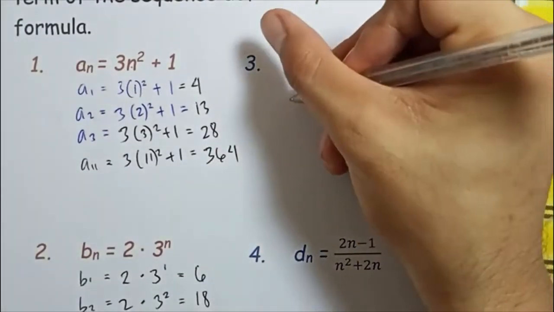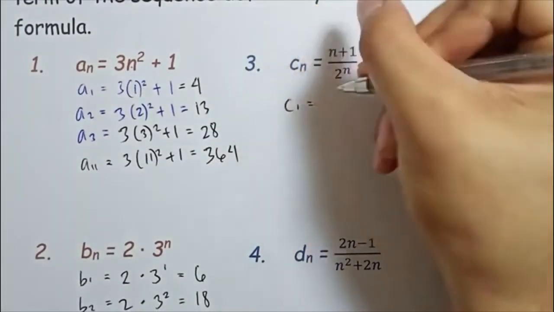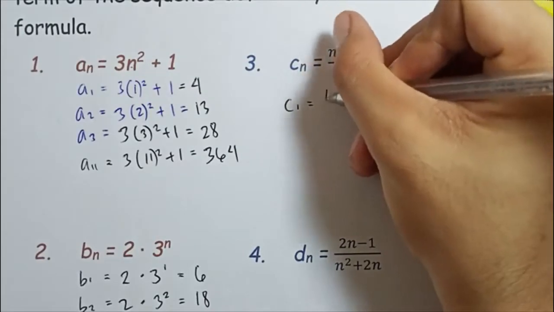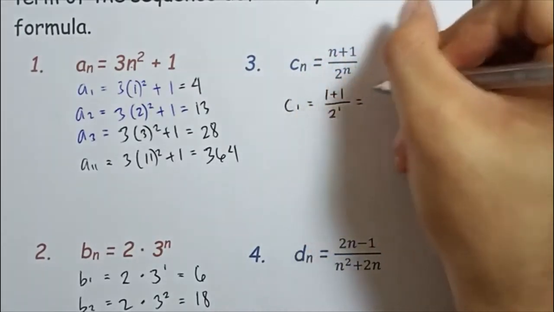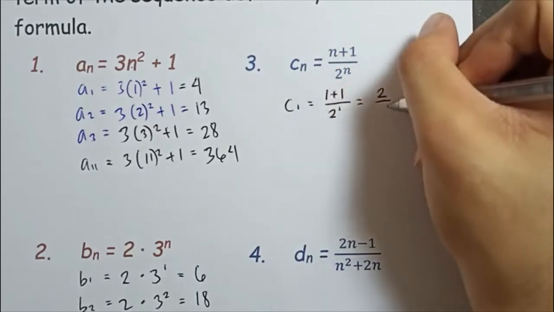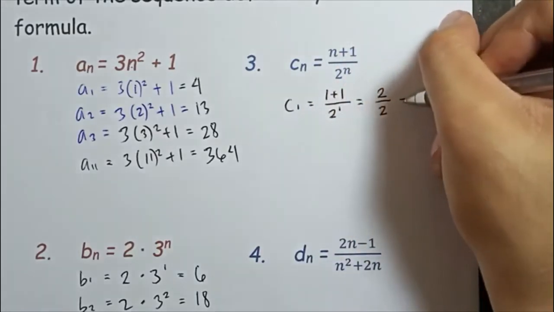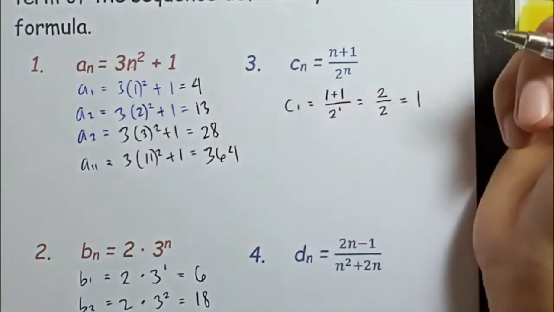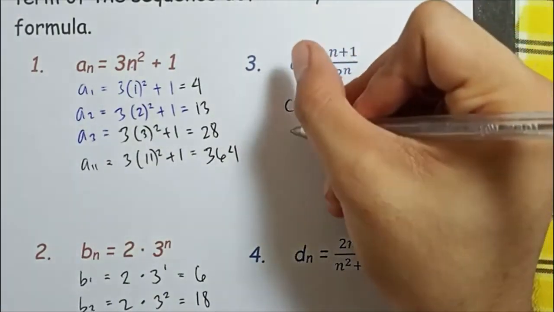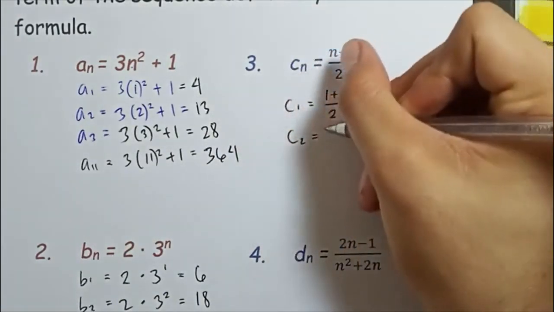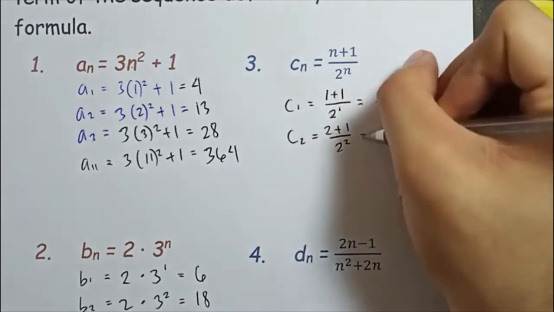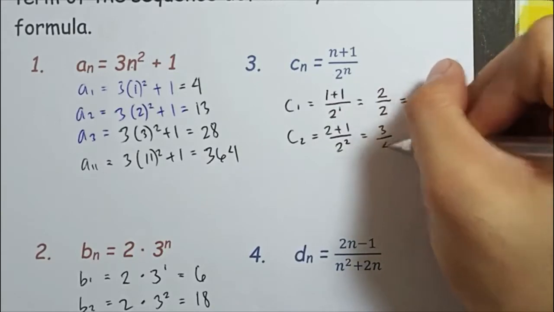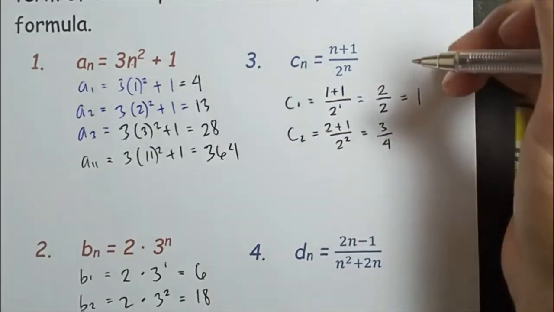Dito naman, fraction, c sub n. So, c sub 1 equals, yung n natin magiging 1. 1 plus 1 over 2 raised to 1. 1 plus 1 is 2. 2 raised to 1 is still 2. Ito ay magiging 1. Tama? Then, c sub 2 is 2 plus 1 over 2 squared. Magiging 2 plus 1, 3 over 4. 3/4.